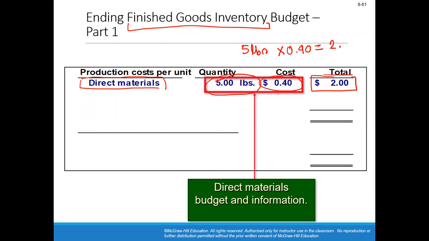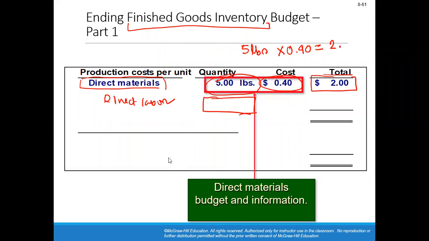Now, in a similar way, we can calculate the direct labor cost. How can we calculate the direct labor cost? What should be here? How much direct labor do I require per unit of product, right?